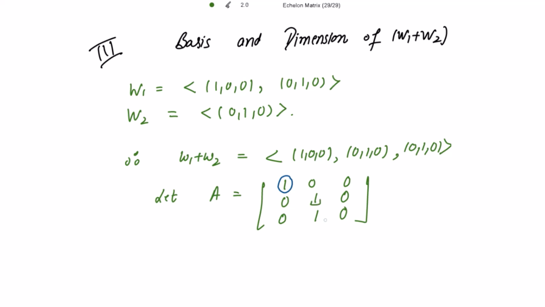But to make this a leading element, the entry below it should be 0 first. So for this, let's multiply the second row by -1 and add it to the third row.